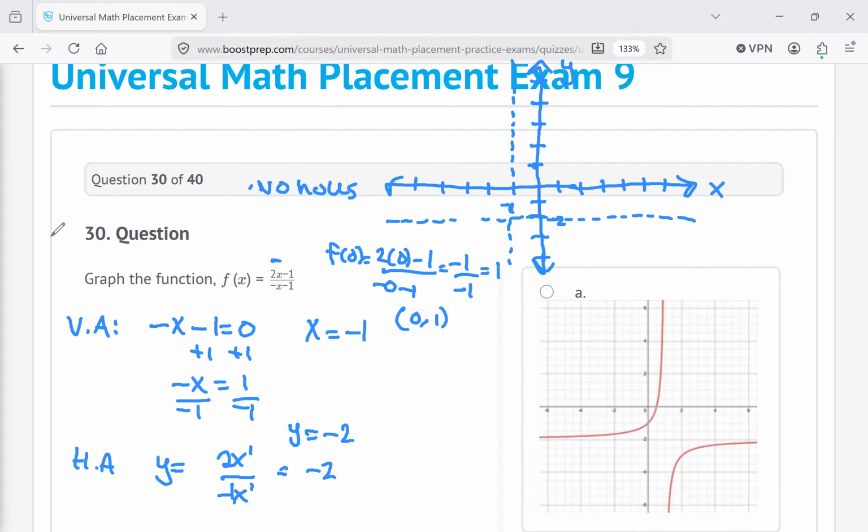Maybe I should use another color for it. Let's use red. So let's look at that. And then on the left side, let's use negative 3. If I use negative 3, what do I get?